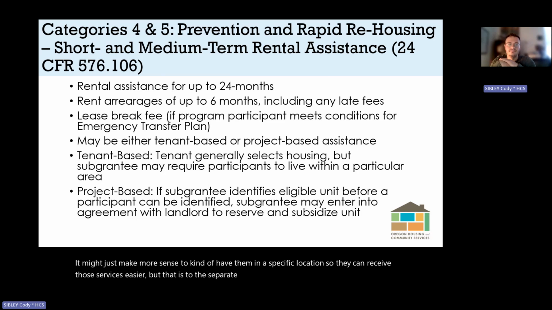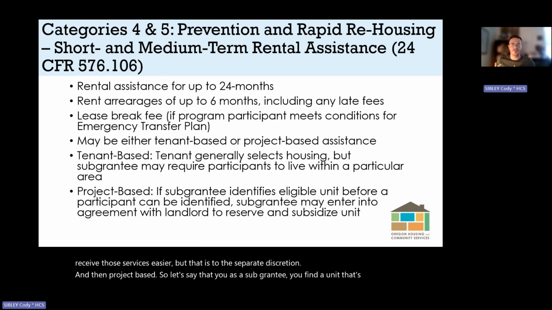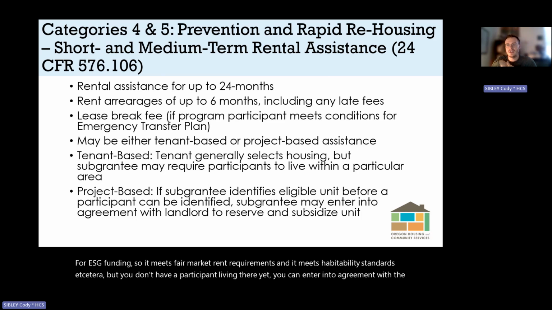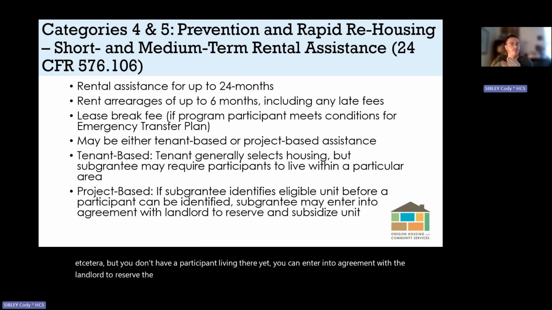And then project-based. Let's say that you as a subgrantee find a unit that's eligible for ESG funding, so it meets fair market rent requirements and it meets habitability standards, etc. But you don't have a participant living there yet. You can enter into an agreement with the landlord to reserve the unit for when someone walks through the door and needs assistance.